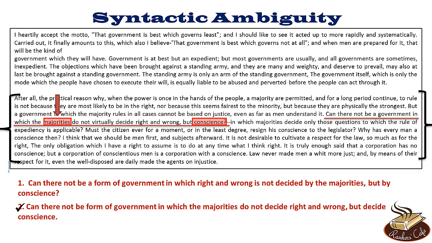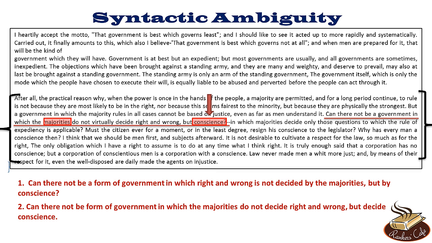If, however, we see conscience as the agent, then the sentence would have the first interpretation, according to which it is conscience and not the majorities who will decide right and wrong. Now, if you were to locate this sentence in the matrix of other sentences of the passage, you will find that the author has used this sentence to refer to a possible situation where the conscience and not the majorities decide what is right and wrong.